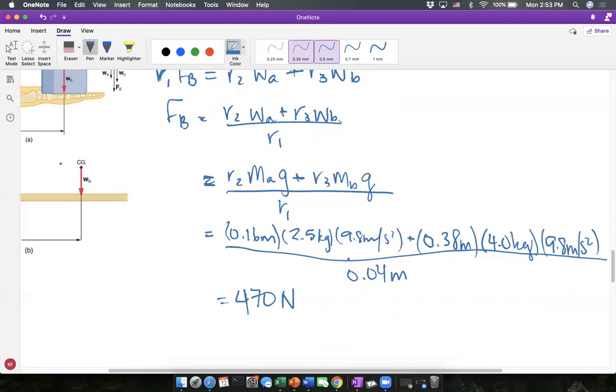Since this is not frozen, take that and divide it by, what are the masses? 2.5 and 4 times 9.8.